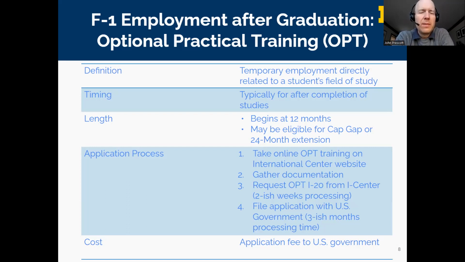And the way that that plays out in a practical way is that students on OPT are required to report their employment to the International Center, and as part of your employment reporting, you'll be required to include a description of what your principal job duties are and how they directly relate to your major field of study.